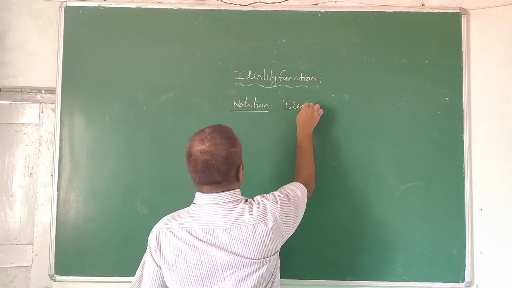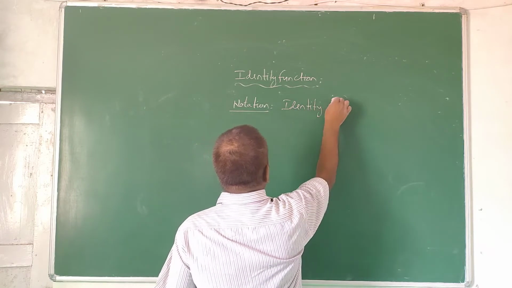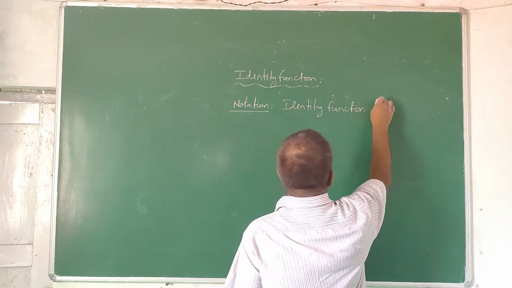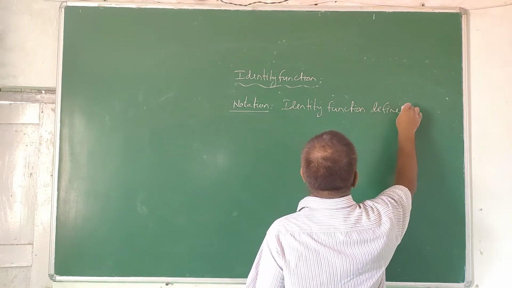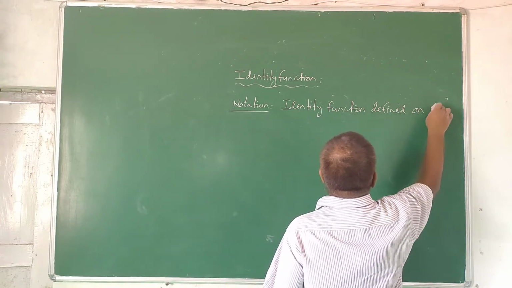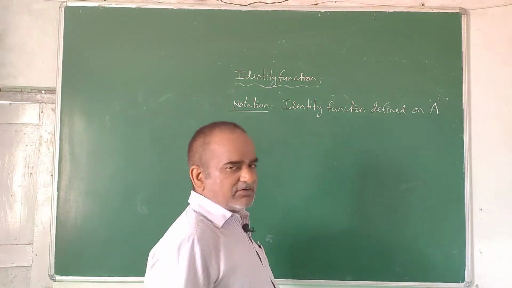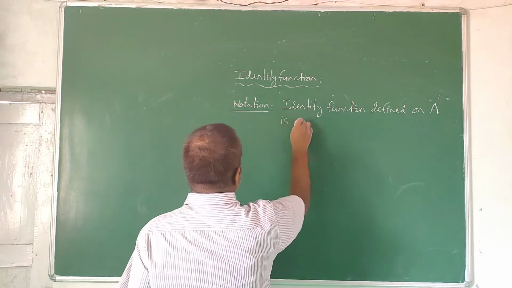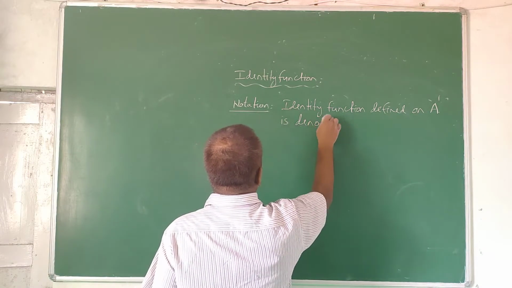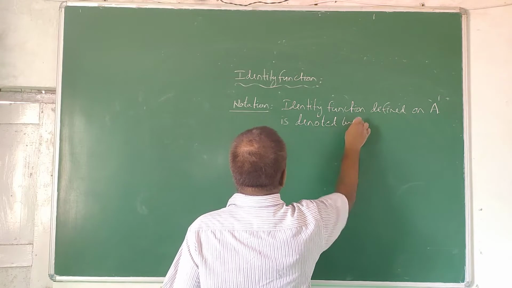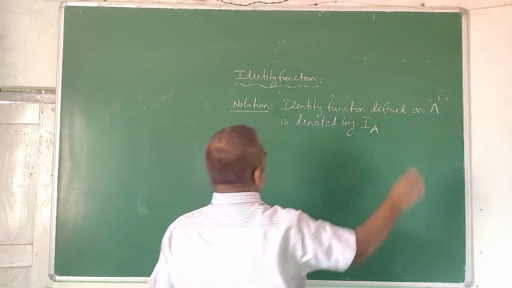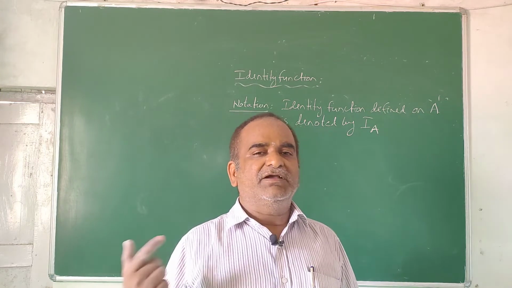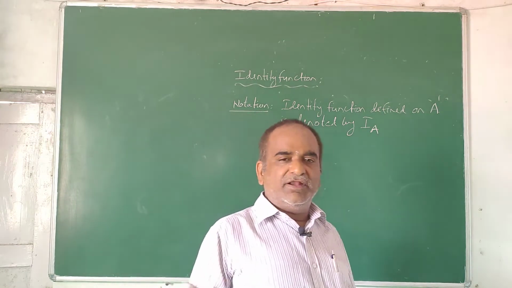Identity function defined on set A is denoted by I_A. So I_A means identity function on A, right? Okay, next function.